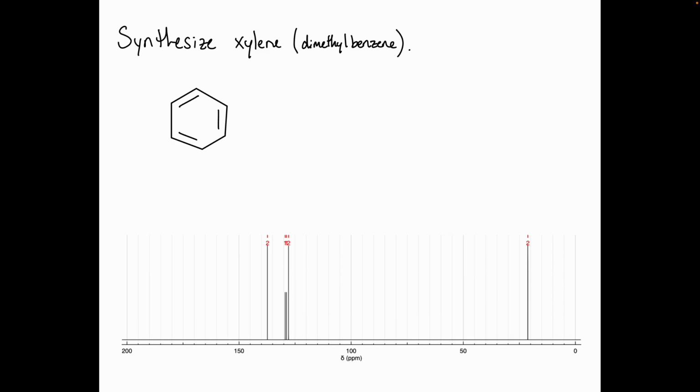Okay, so dimethylbenzene means that there's 2 methyl groups, but depending on my orientation of these methyl groups, I could actually get different stereoisomers. So I could either put them directly next to each other, or I could space them out so that there's 1 carbon in between.